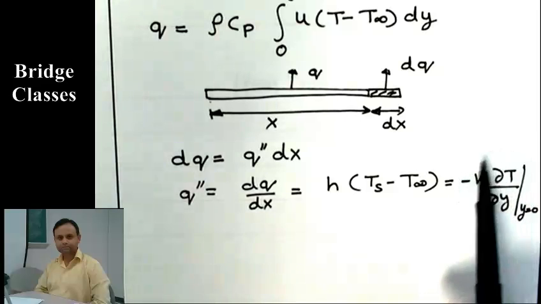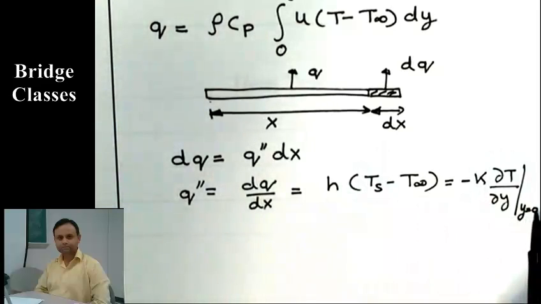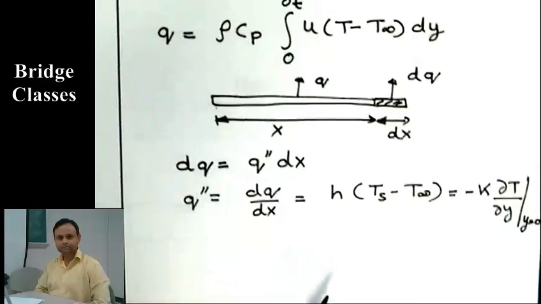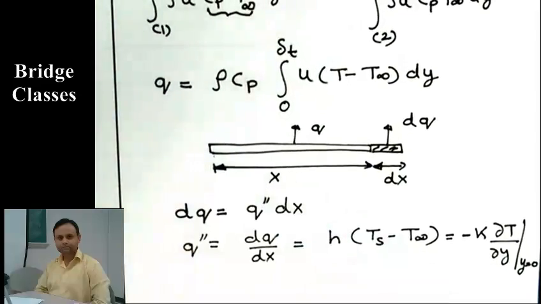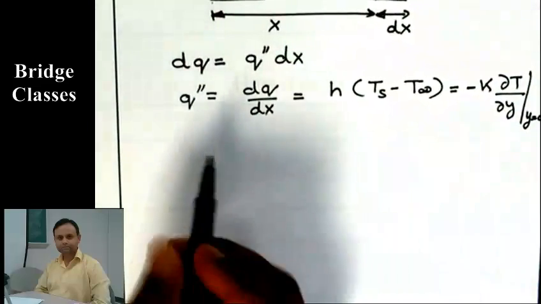So this is the surface heat flux. You can write this in terms of the convection coefficient or in terms of the temperature gradient, and this is dq dx. We have this expression for q.